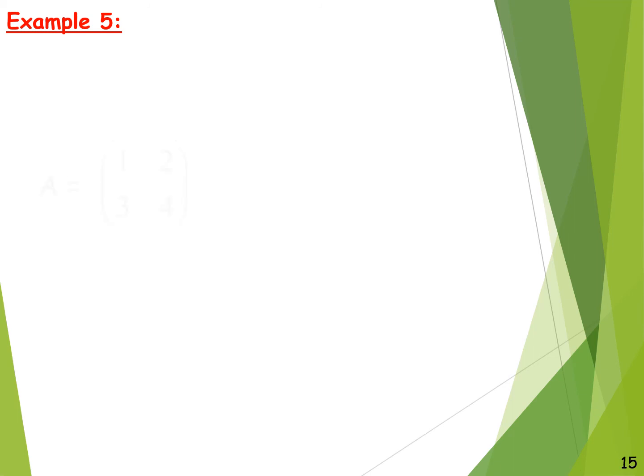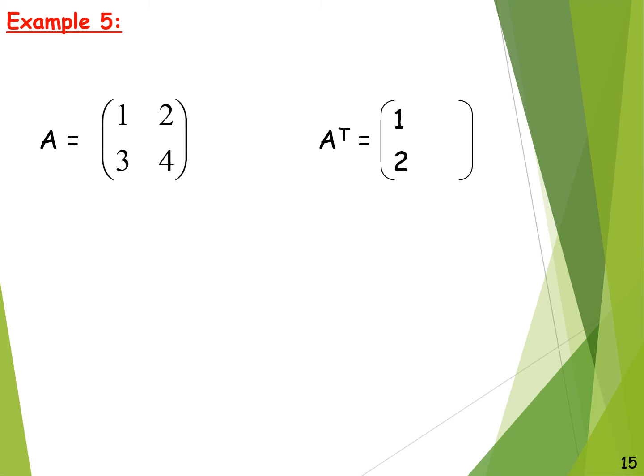Example 5. Matrix A: 1, 2, 3, 4. To find the A transpose, the first row of 1, 2 becomes the first column of 1, 2, and the second row of 3, 4 becomes the second column of 3, 4.